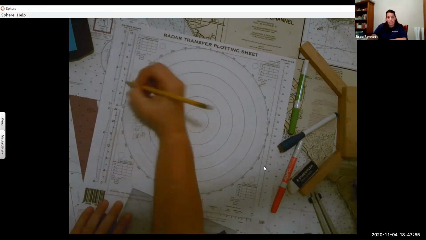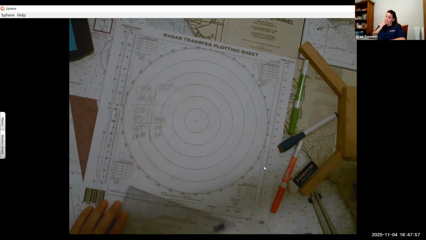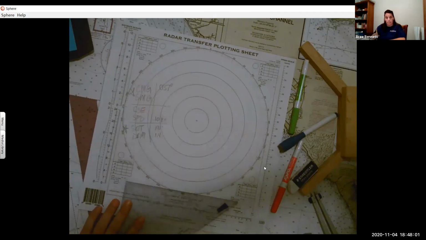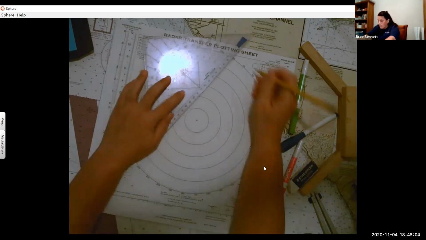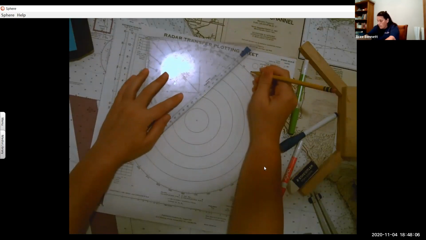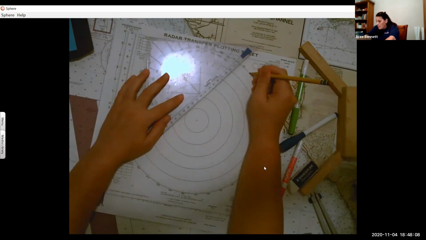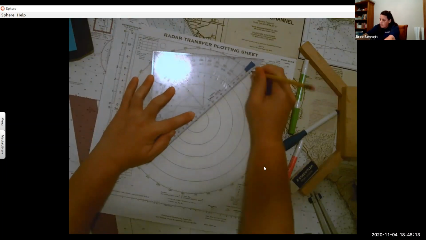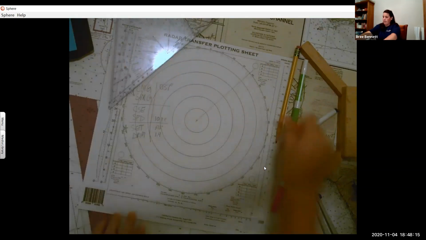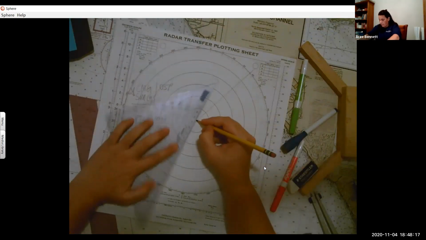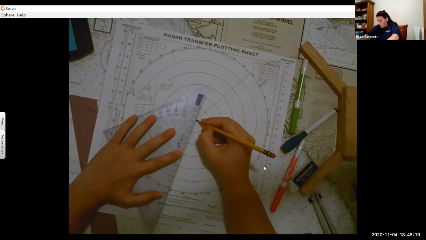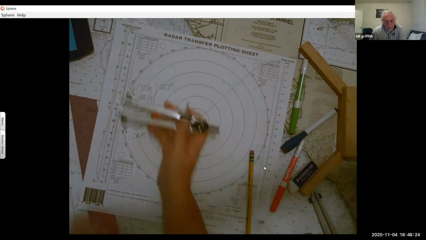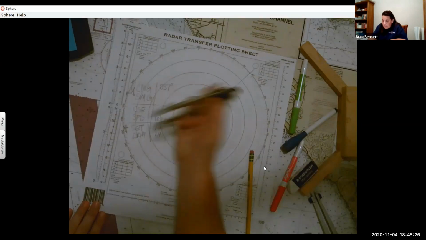So I'm going to use the 12-mile scale because I have a 10. I'm going to draw from the center those two things. So I start at 037, and then I do 190. My 190 is 1.4.